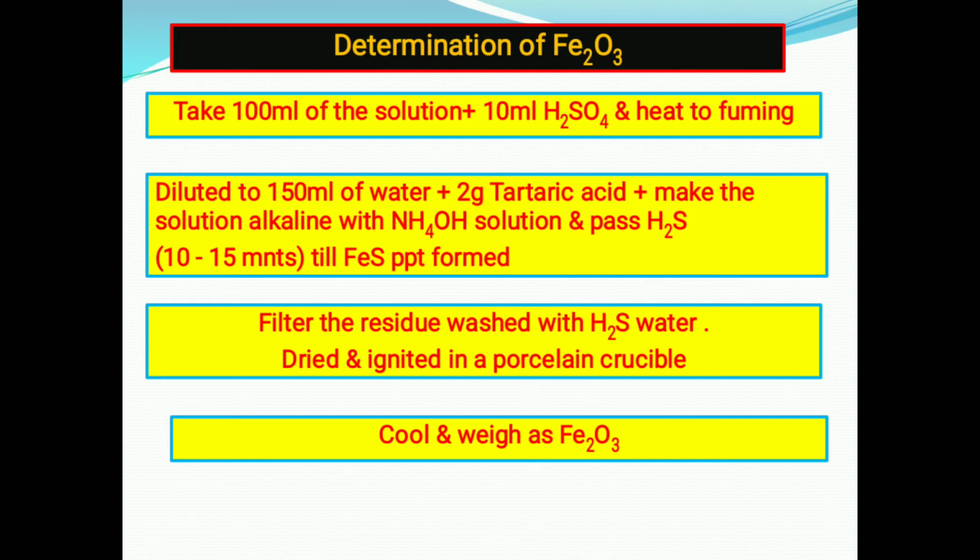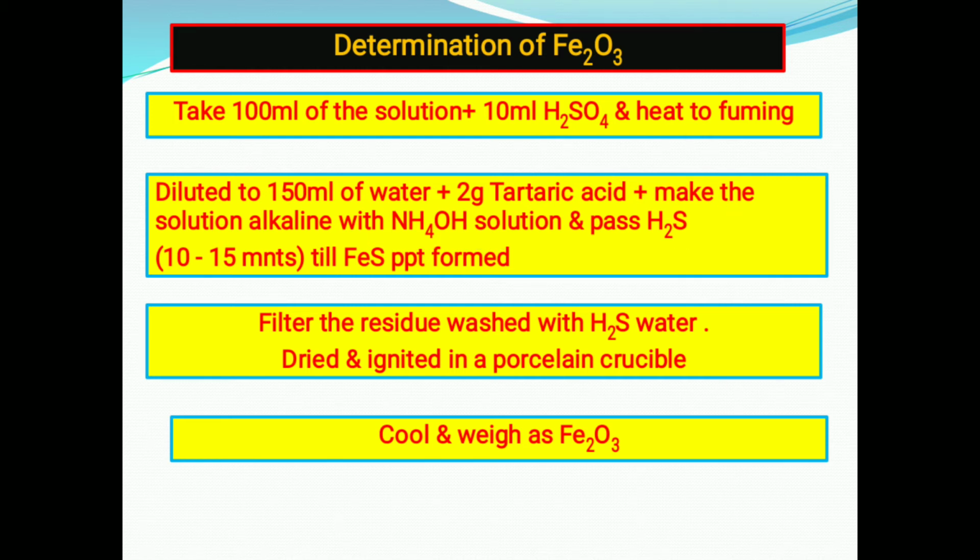For the determination of ferric oxide, we need to take 100 ml of the sample solution, then add 10 ml H2SO4 and heat to fuming, then dilute it to 150 ml with water. After that, add tartaric acid, make the solution alkaline with ammonium hydroxide solution and pass H2S gas.